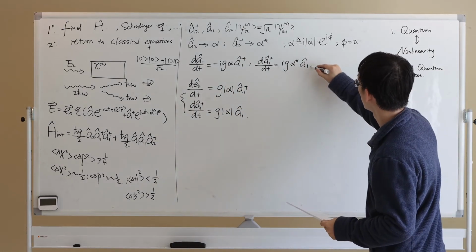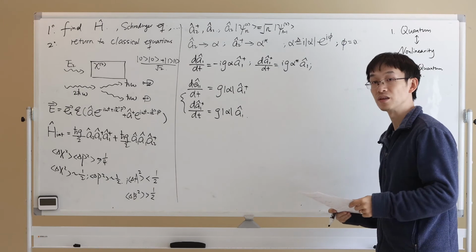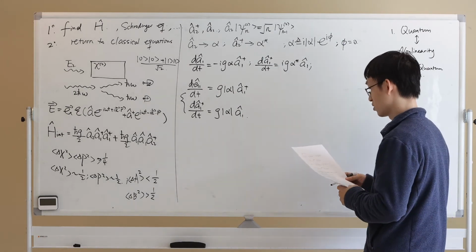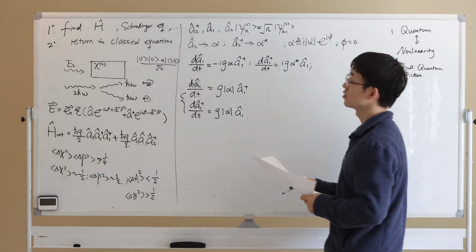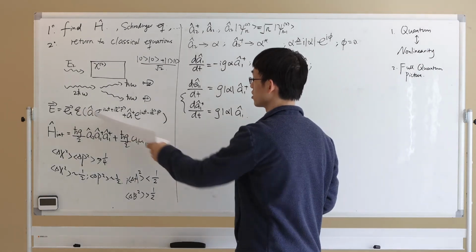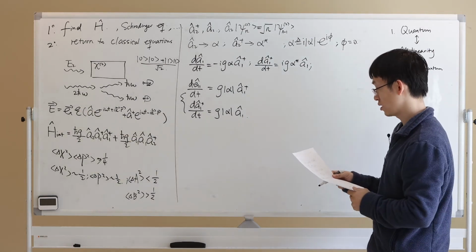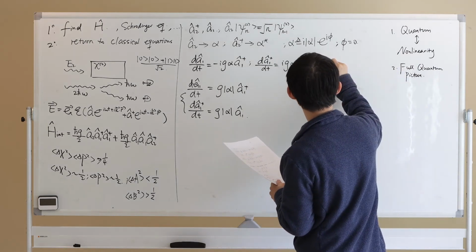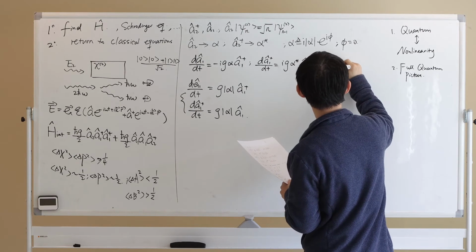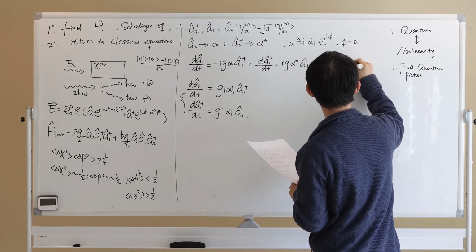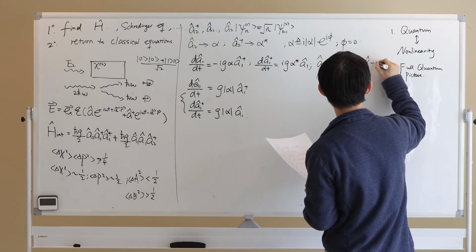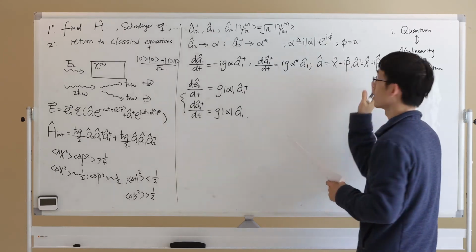It is to recall the definition of x and p, right? The position operator and momentum operator. When we quantize our electrical field, we see that the definition of A is x plus iP, and then A dagger is x minus iP. At the time, we didn't use x, we used q.